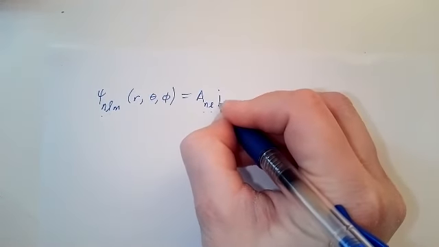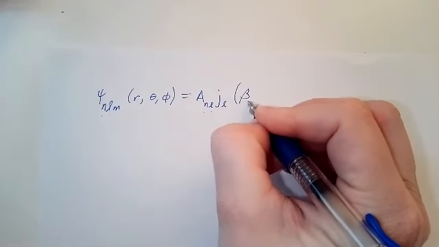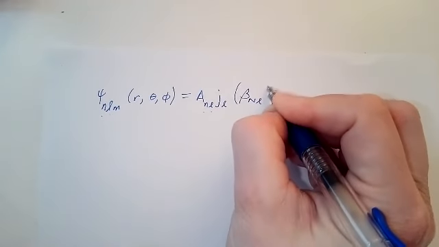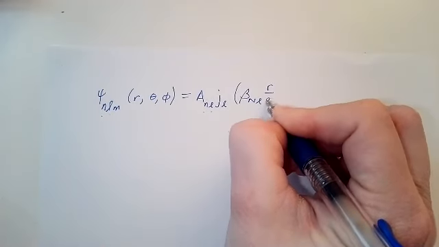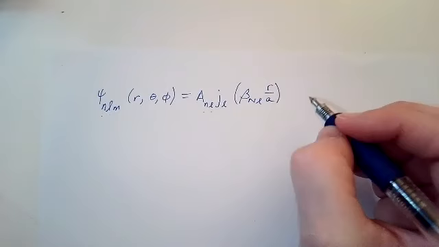We are going to have our Bessel function, so j, that is based on these variables, including where the zero position is.